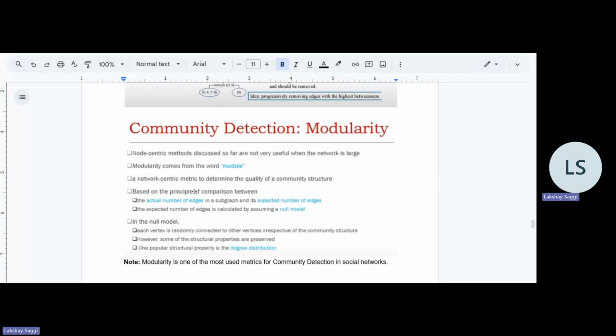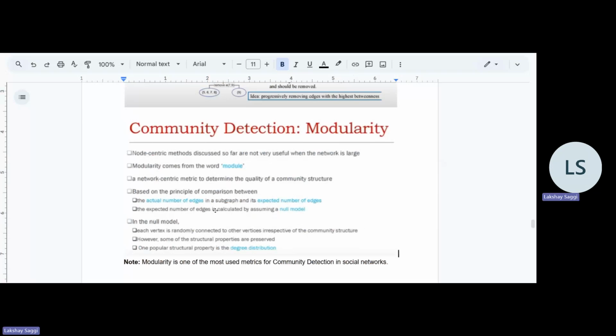That's why it counts the actual number of edges present in a subgraph and the expected number of edges in a random subgraph.